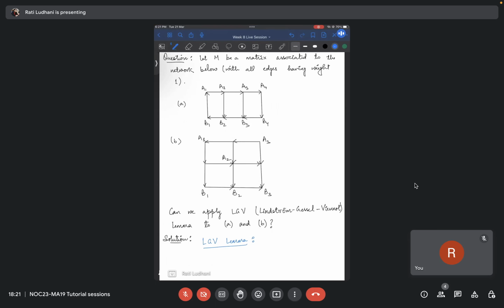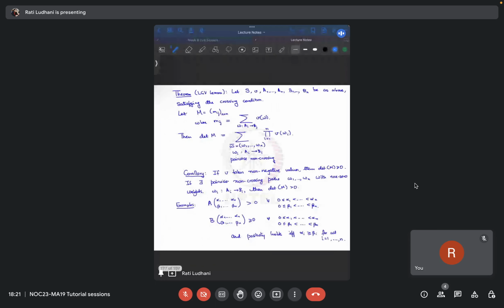So let S be A1 to AN, B1 to BN, P as above. So what does above mean? I'll change the color, maybe red. So you have A1 to AN and B1 to BN.